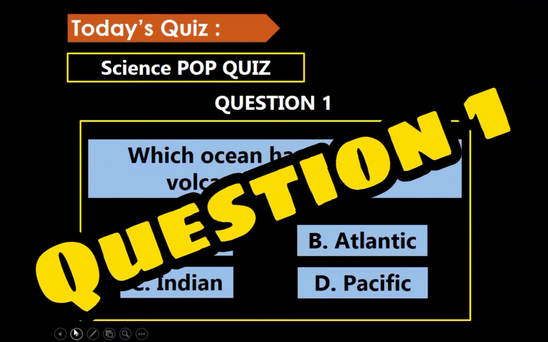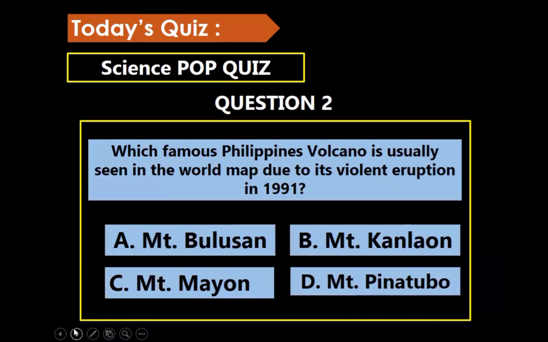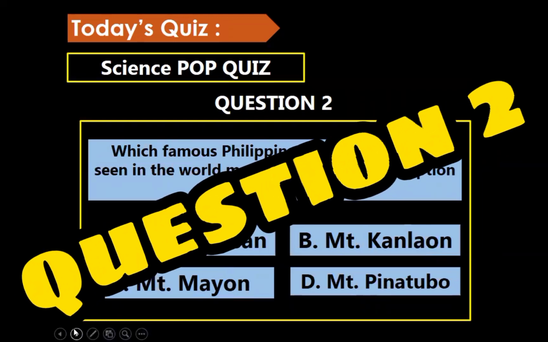Question number 1. Which ocean has the ring of volcanoes around it? A. Arctic, B. Atlantic, C. Indian, D. Pacific. The correct answer is letter D, Pacific. Question number 2.